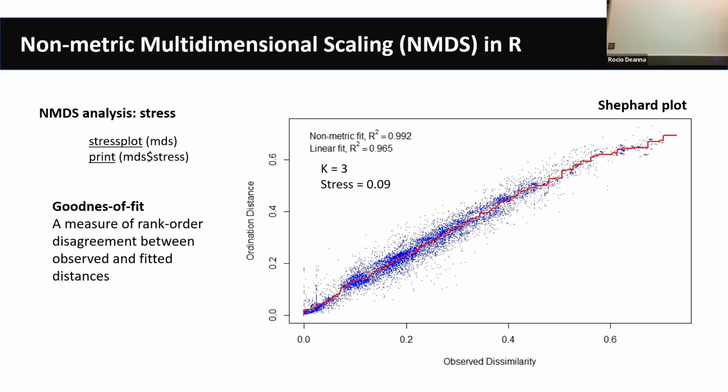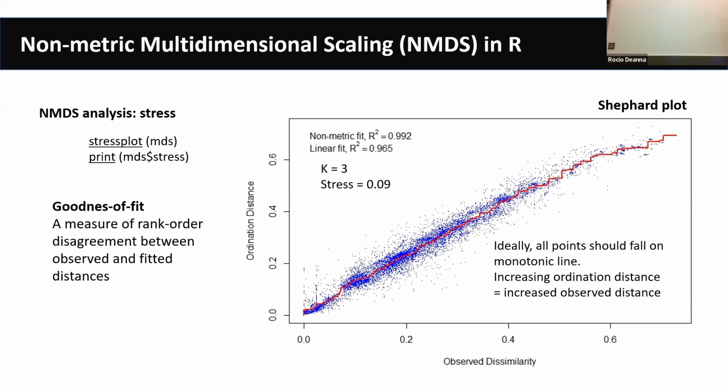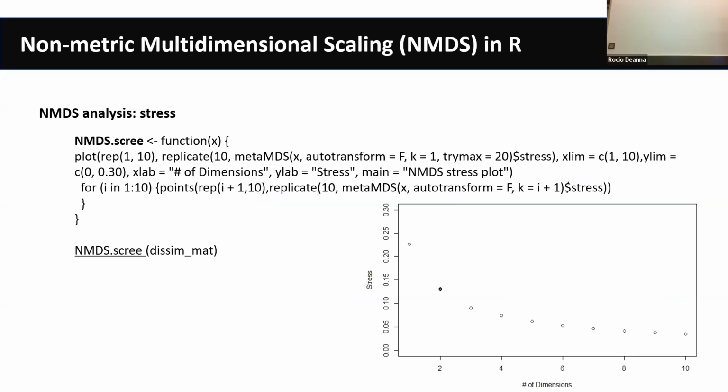So what it does is, with the stress, this goodness of fit measure, we can see that ideally all these points should fall into a single line, and increasing the ordination distance will increase the observed distance as well. So we can do this for each of the dimensions, having different stress values, and also the stress value according to the number of dimensions.